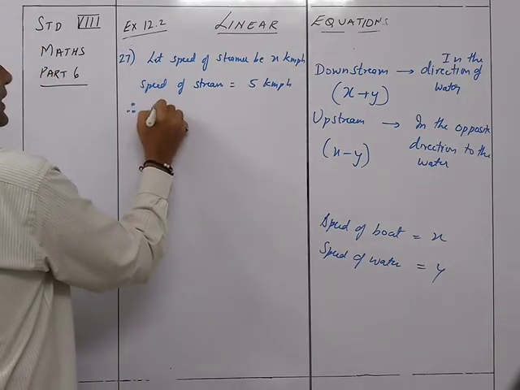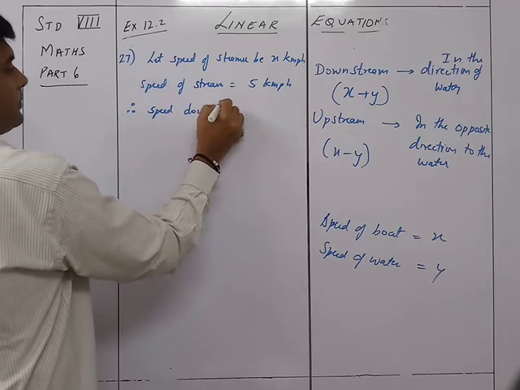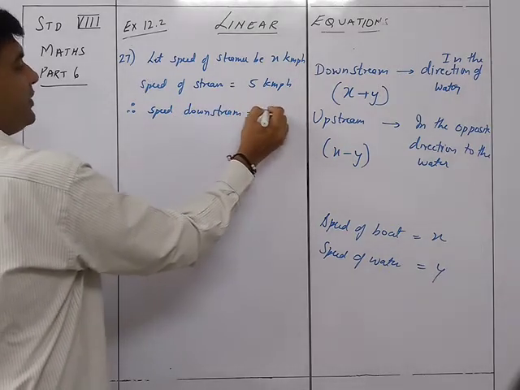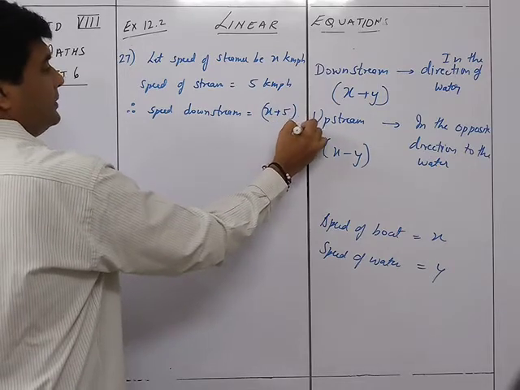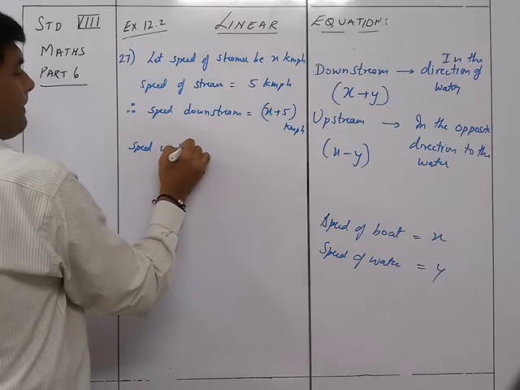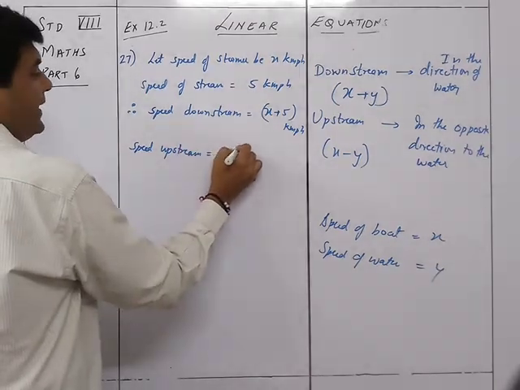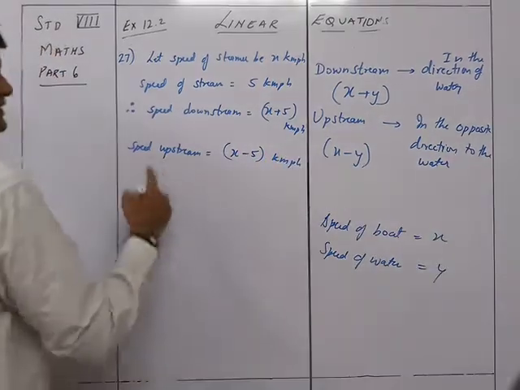Therefore, speed downstream is equal to x plus 5 kilometers per hour and speed upstream is equal to x minus 5 kilometers per hour. So that's the speed.